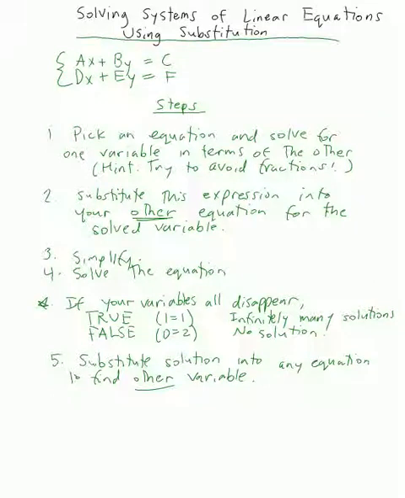So problem 1. Solve. For all these, we're going to solve using substitution. So we have y equals 4x minus 1 and 6x minus 5y equals negative 2.